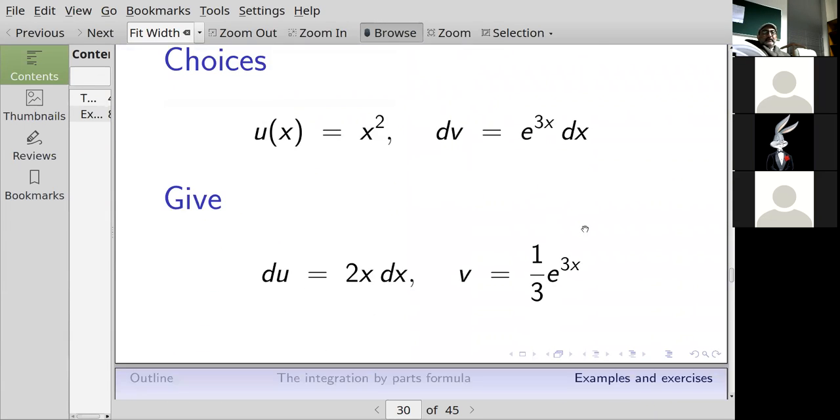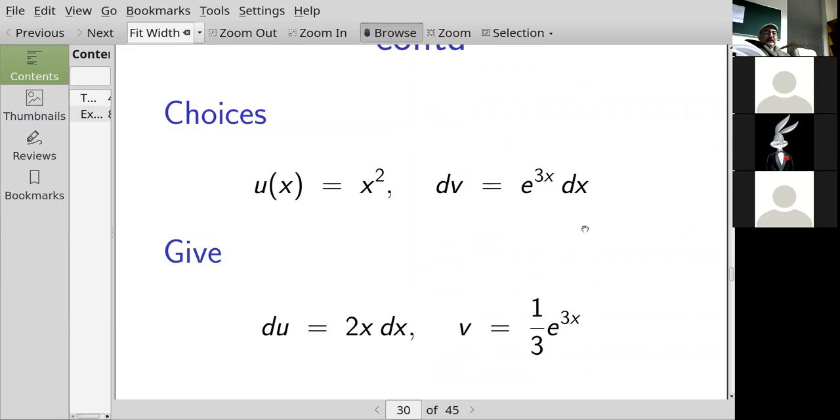So as you said, we're going to let u of x be x squared. dv is whatever's left of the integral, that's e to the 3x dx. du is twice x dx, the derivative of u times dx. And then v is 1/3 e to the 3x, in order to get a dv of e to the 3x dx.